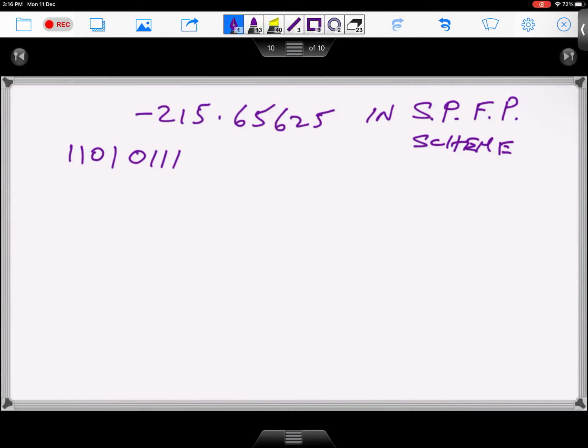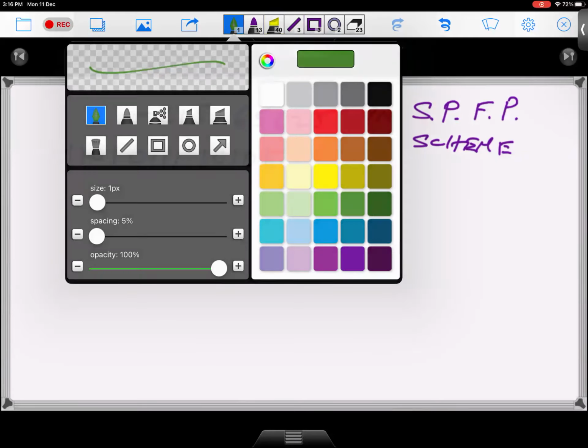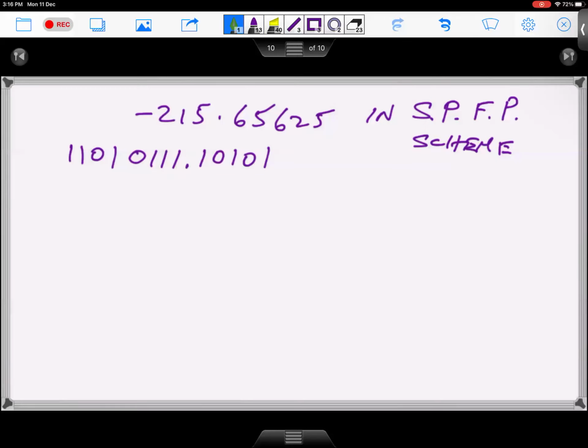And it turns out that 0.65625 is 10101. Now remember, this is very simple. All you have to do is add up the ones. This one here is worth 128.